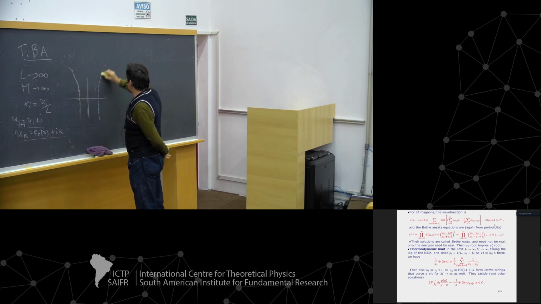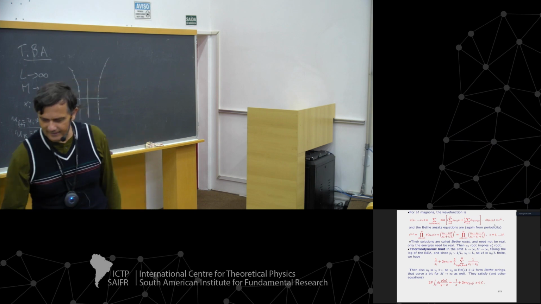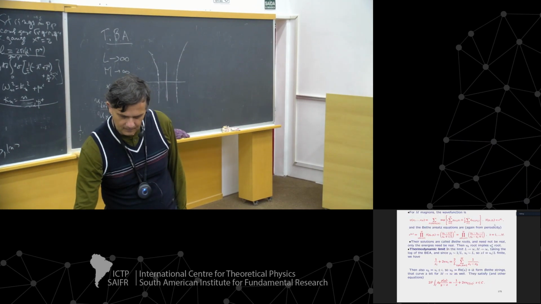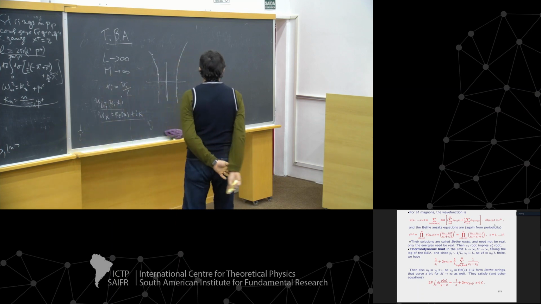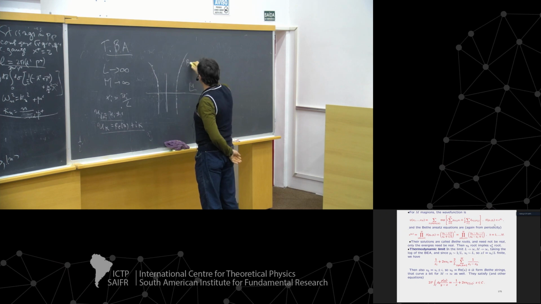So overall, what we find is two discretized lines that appear in the complex u plane. And these are called Bethe strings.